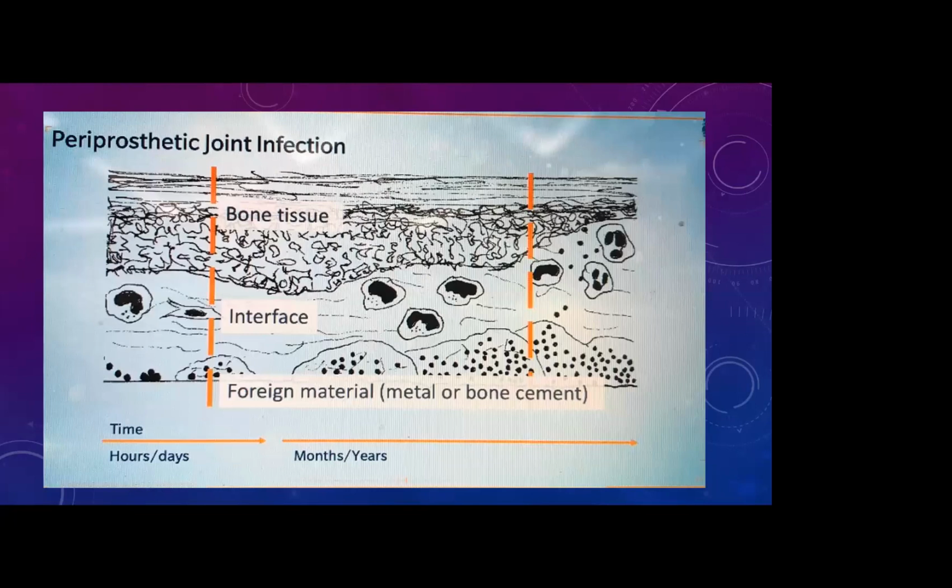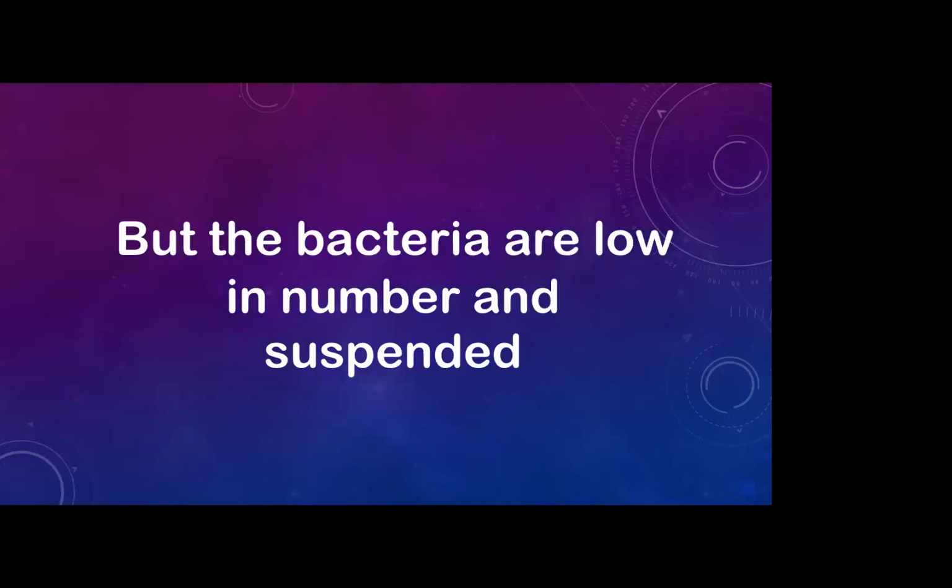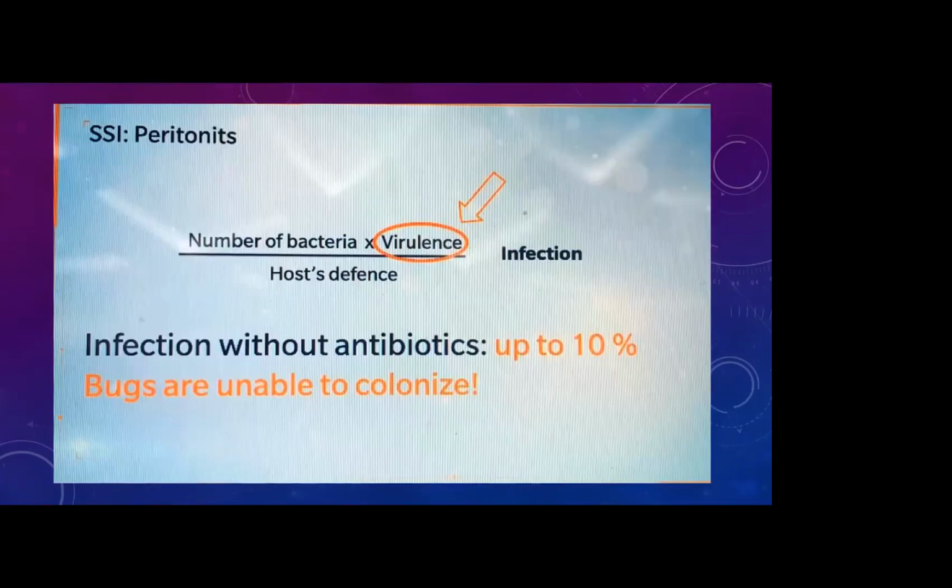These bacteria will jump from the flora to the wound. They are few in number and planktonic, suspended. So in the equation, the number of bacteria is low, virulence is high, and host defense varies. If we don't give antibiotic in this period, 10% of our cases will be PJI.